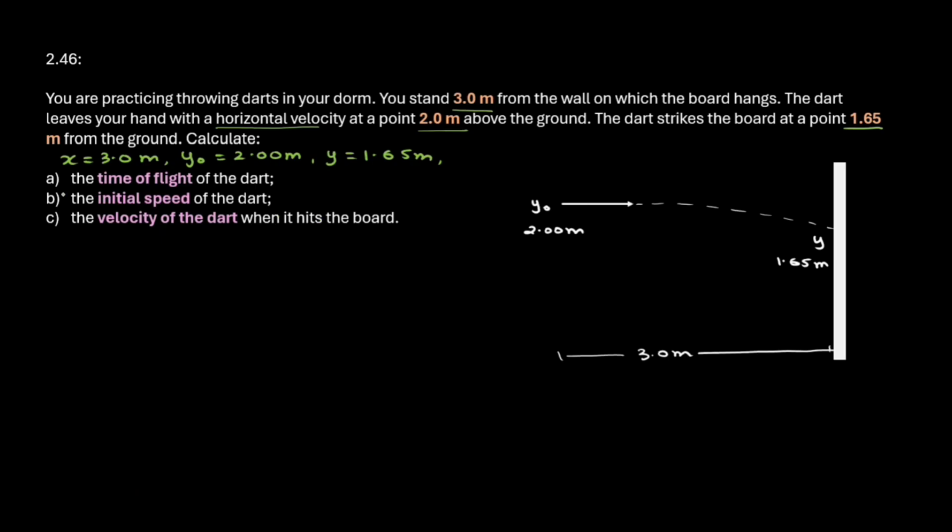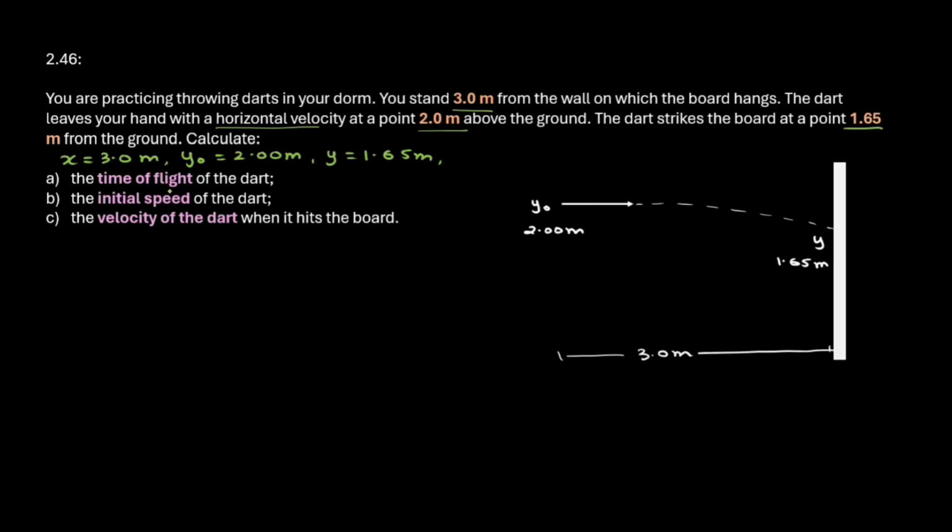In the first part of the question, we need to find the time of flight. Now this is an example of a horizontally launched projectile. And we know in projectile motion, the x and y components of velocities are independent of each other. That means motion along the y-axis does not affect the motion along the x-axis, and we can treat them independently.